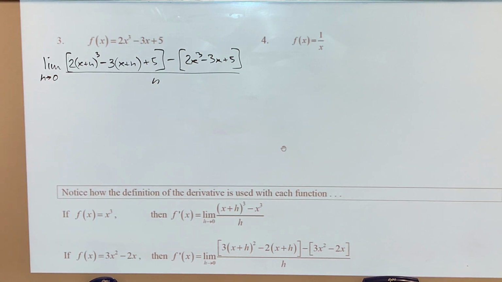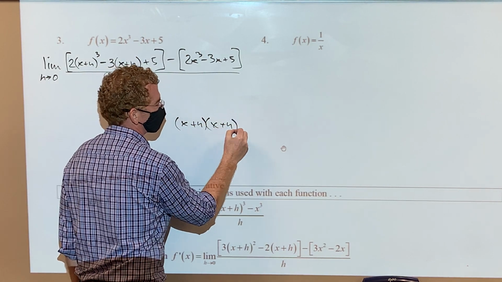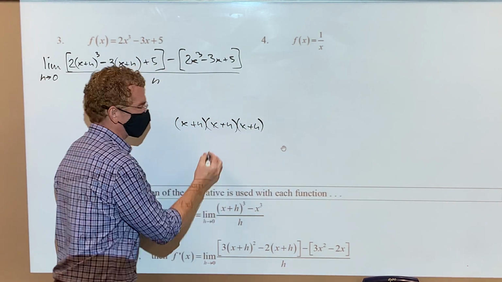Now, who knows how to cube a binomial? I do, because I learned Pascal's triangle and how to expand binomials back in Algebra 2. And I know that on 3, so I don't have to write it out like some of you would be forced to. And that's not fun.